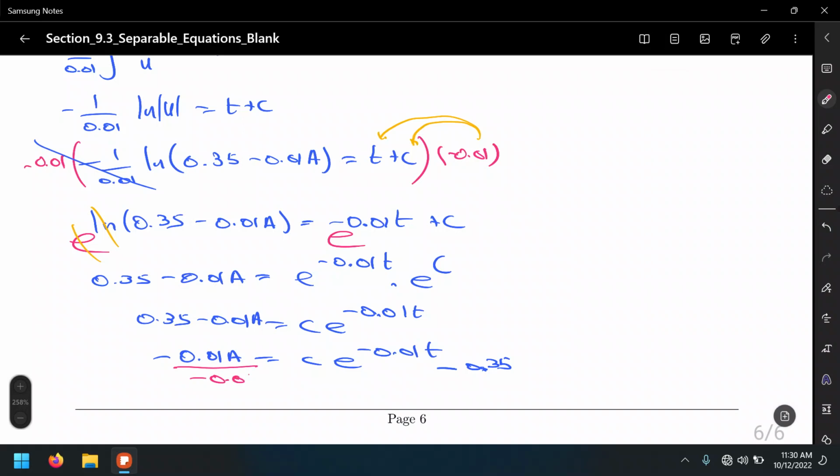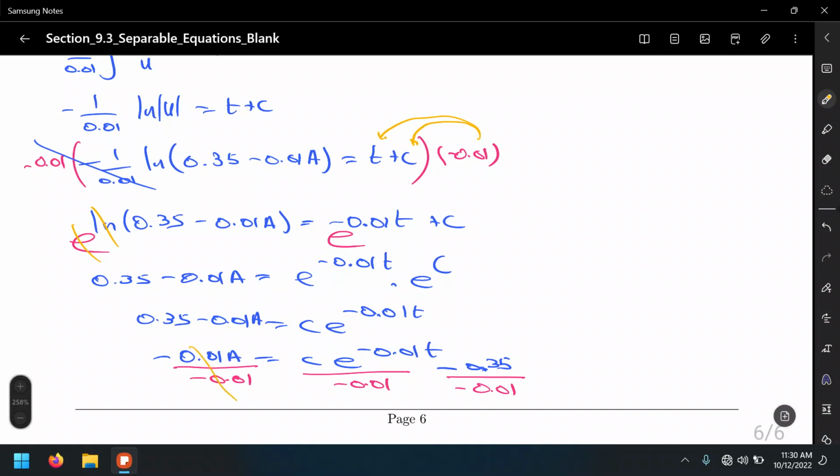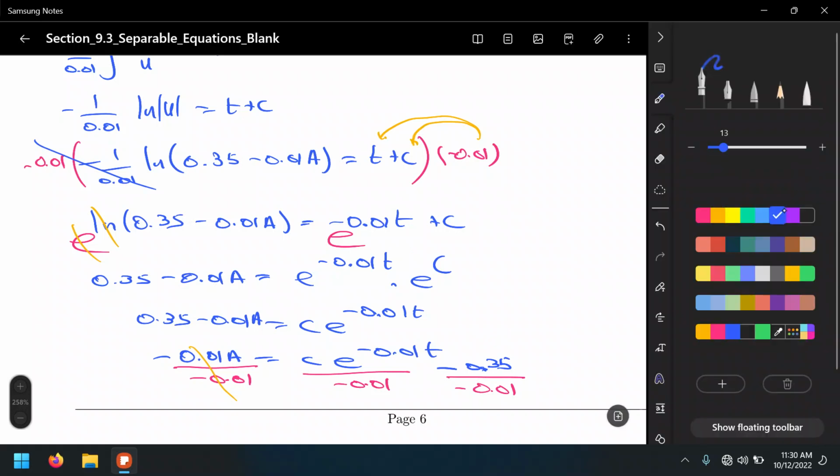Negative 0.01, negative 0.01, negative 0.01. So number one, these are going to get canceled, of course. But what happens with a c divided by negative 0.01? It just remains a c, whatever comes out of dividing these two numbers, all right?